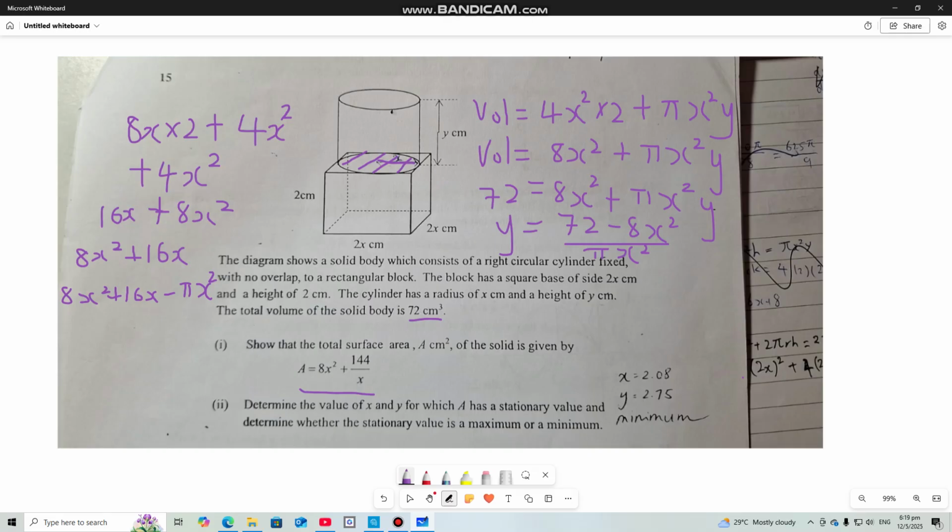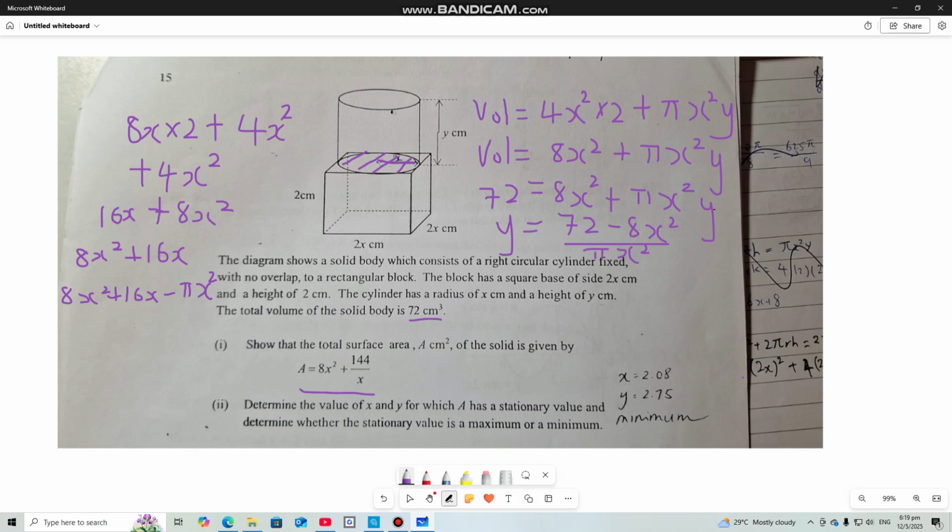But because of taking this away, we need to also add the top. So it actually removes this entirely. That means now I'm removing this area from the cuboid side, but yet you notice there's a top over there.